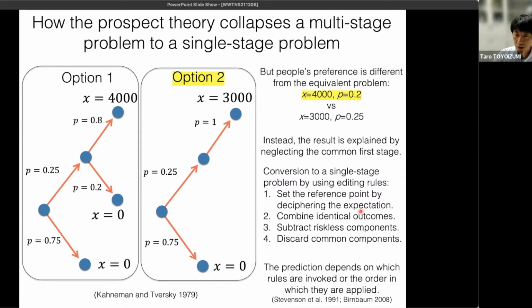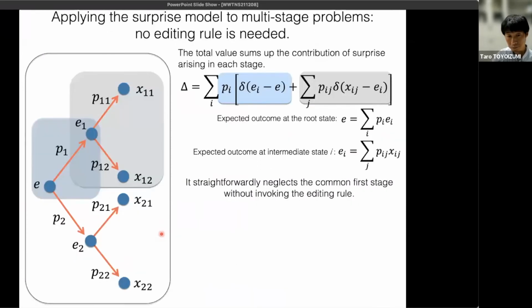So let's see how the surprise model that we propose can explain this kind of two-stage problem. Next I will talk about applying the surprise model to multi-stage problems, and say that no editing rule is required. So let's think about the general two-stage problems with such a structure.